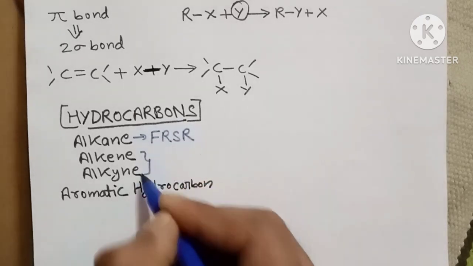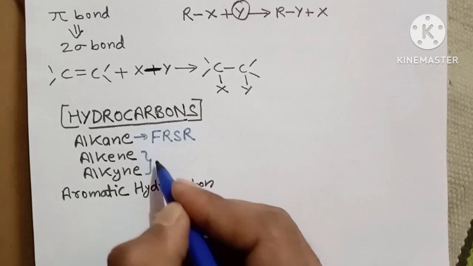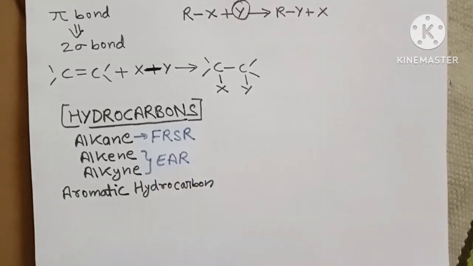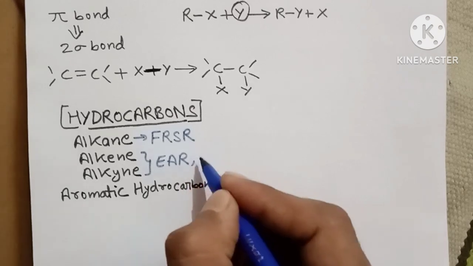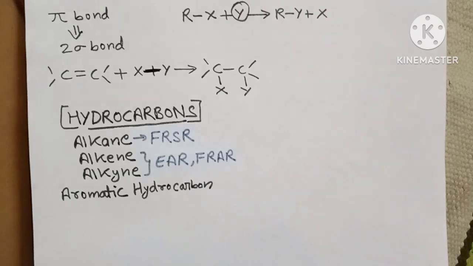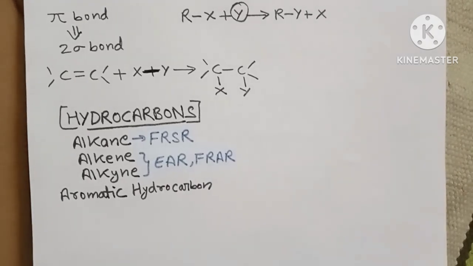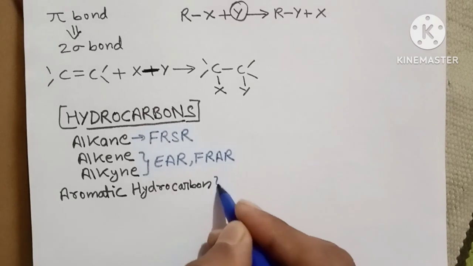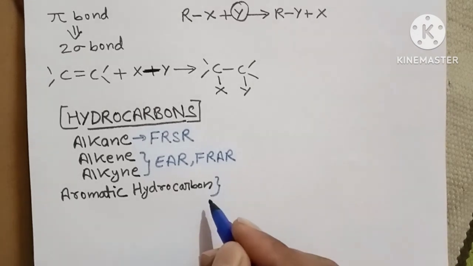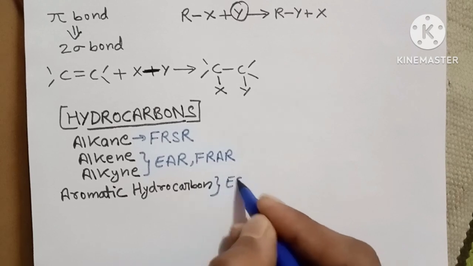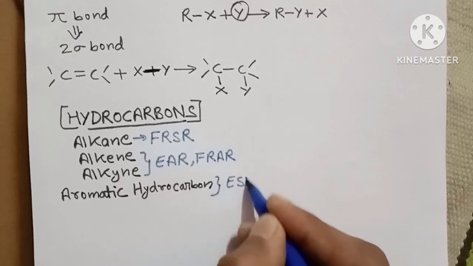But in the case of alkene and alkyne, only electrophilic addition reaction EAR and FRAR, that is free radical addition reaction, will take place. And at the last we have aromatic hydrocarbon, and aromatic hydrocarbon goes through the reaction mechanism of ESR.